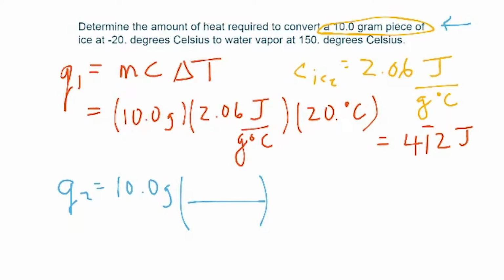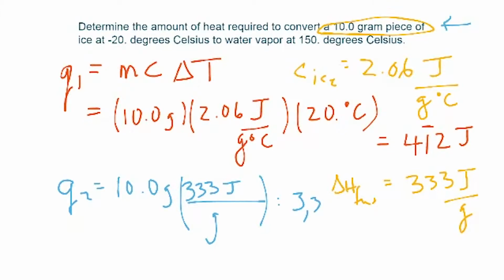And when we do that, we see that the heat of fusion for ice is equal to 333 joules per gram. So that's the number that I'm going to use as my bridge, 333 joules per gram. And of course I put this in the calculator and I get 3,330 joules.